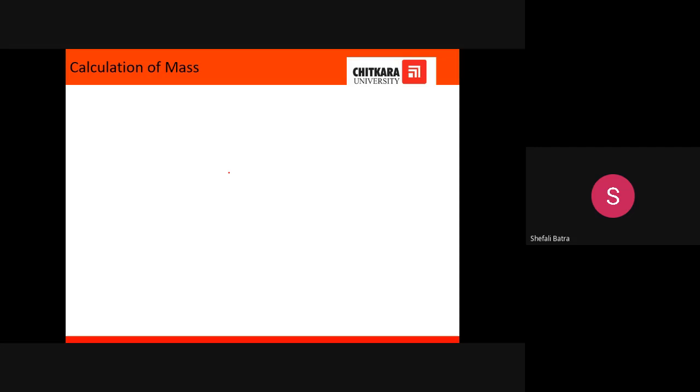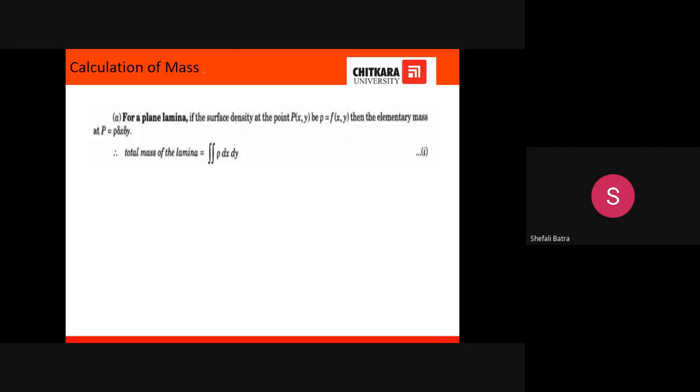So now with the help of double integral or triple integration, we will calculate mass of a body. For a plane lamina, means a thin plate, two-dimensional thin plate, density at a point P(x, y) be given by this rho, that is equal to function of x comma y, right?